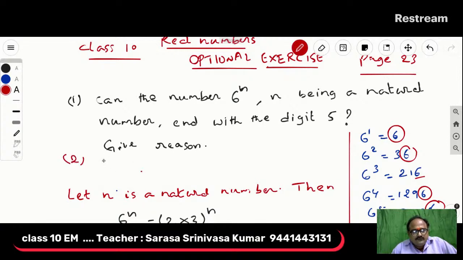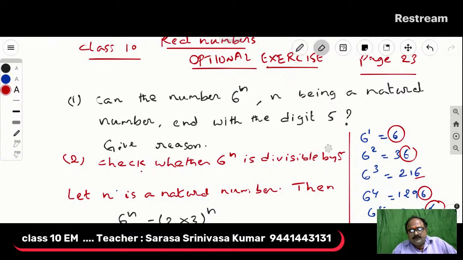This is to check whether 6 power n is divisible by 5.